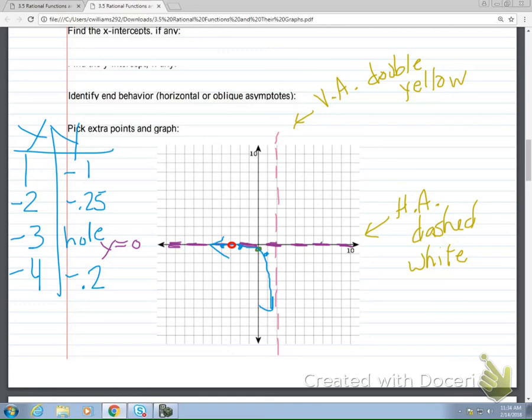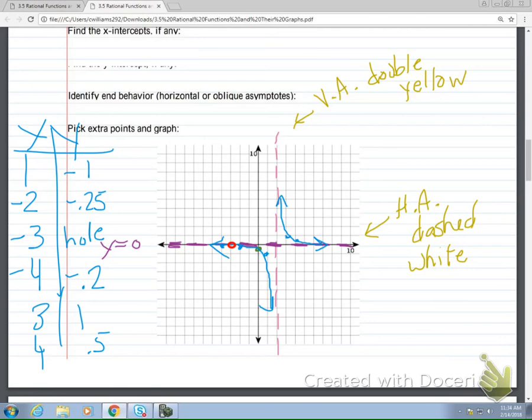How about some dots on the right? We got 3, 1. How about 4? 4, 1/2. All right. Now, because you have the calculator to assist you, once you get a couple of those, that's usually enough to help you realize that your arms are going to bend like that on that piece of the graph.